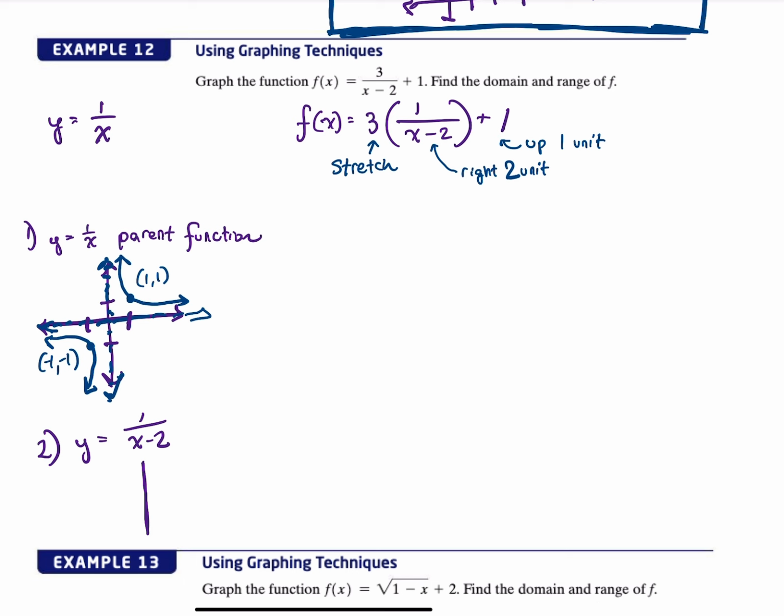So I'll still do a sketch. It's going to the right, so I still have the asymptote on the x-axis. But then this asymptote on the y-axis gets shifted as well. 1, 2. You can imagine 2 units it gets shifted over.